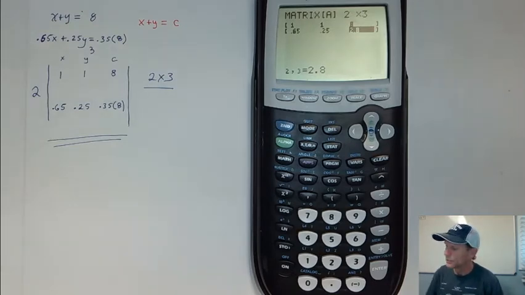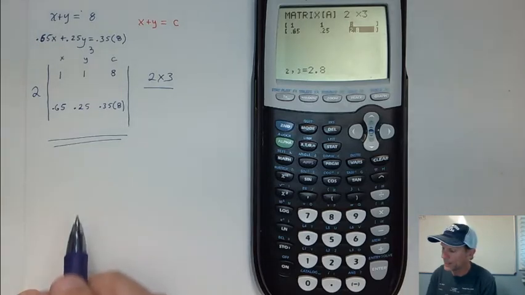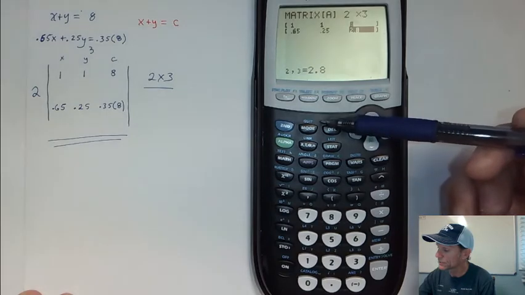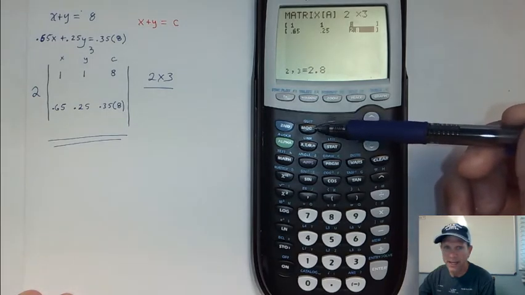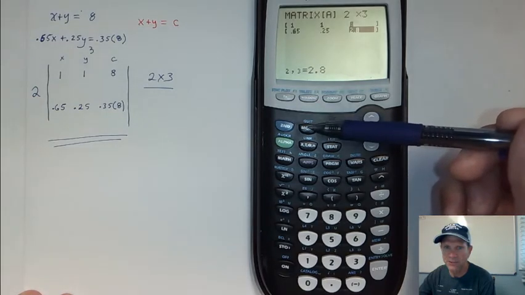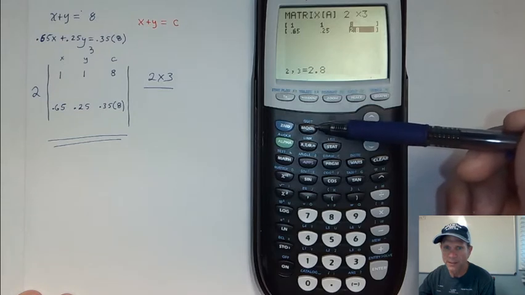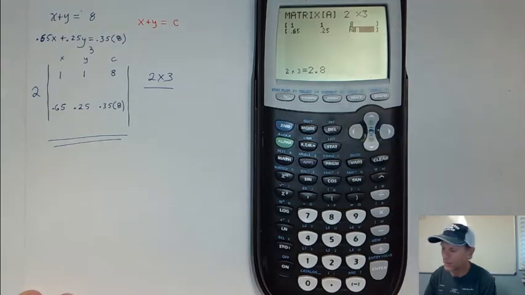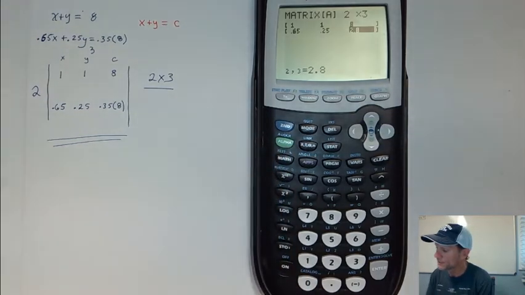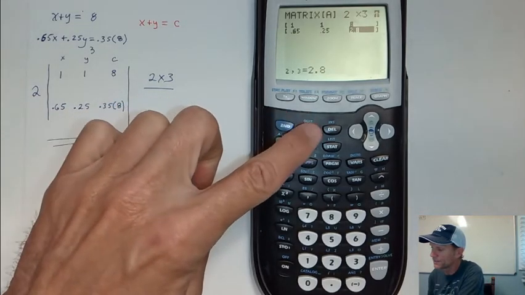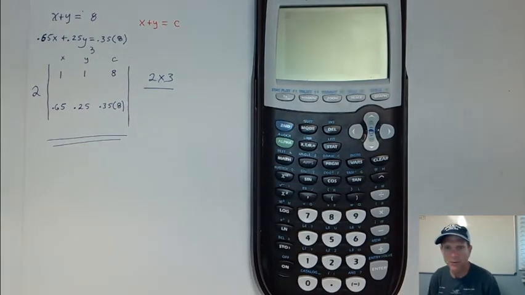Okay. So now at this point, all the data is entered. What I have to do is exit this screen. And so to exit, we have to hit this quit button. Okay. It's a step that many students forget. So I'm going to hit second to activate quit, and I'm back to my home screen. Okay. Now from my home screen, I'm going to go back into the matrix 2 more times.